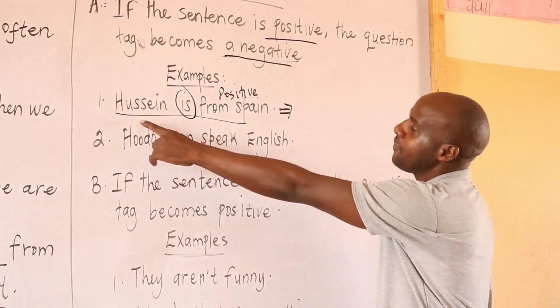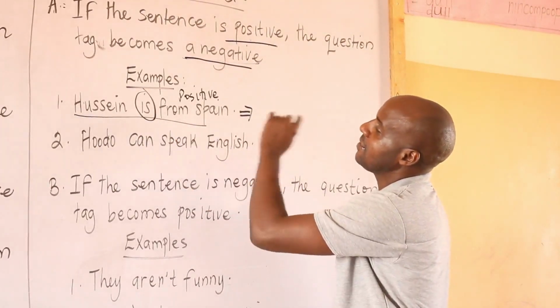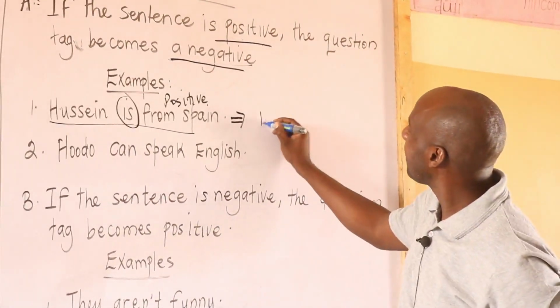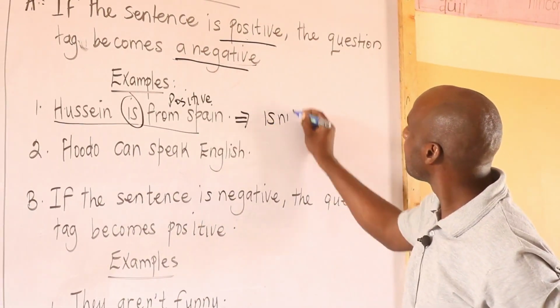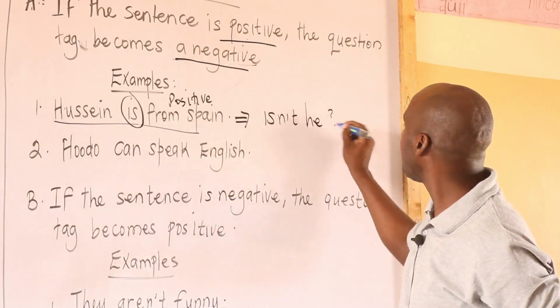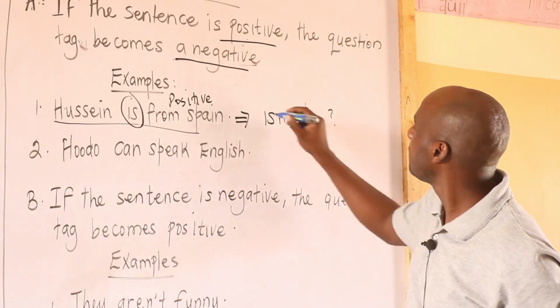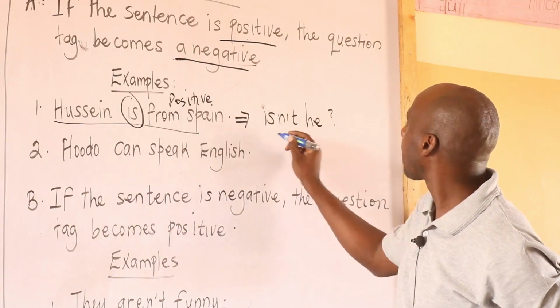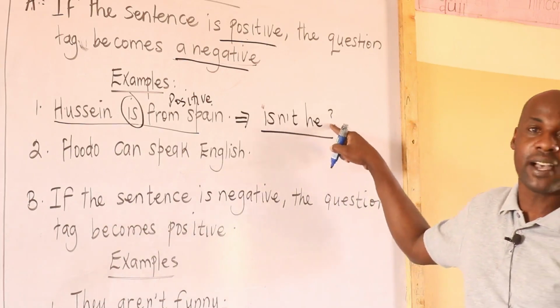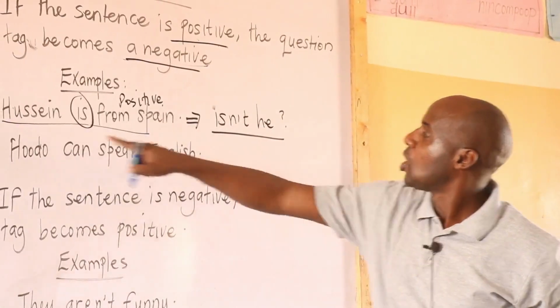So the auxiliary verb in the sentence is this one. So we begin with isn't. Hussein is from Spain, isn't he? And this is a question mark that you have to put at the end of the sentence.